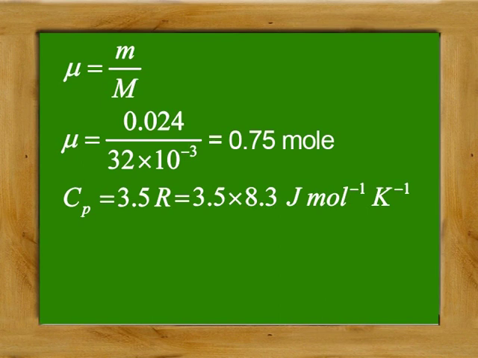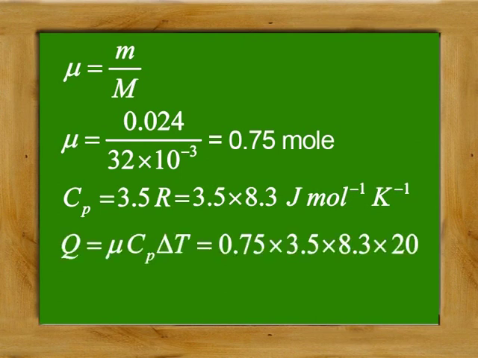So, heat supplied to the gas, Q, is equal to mu into Cp into delta T, which is equal to 0.75 into 3.5 into 8.3 into 20, which is equal to 435.75 joule.